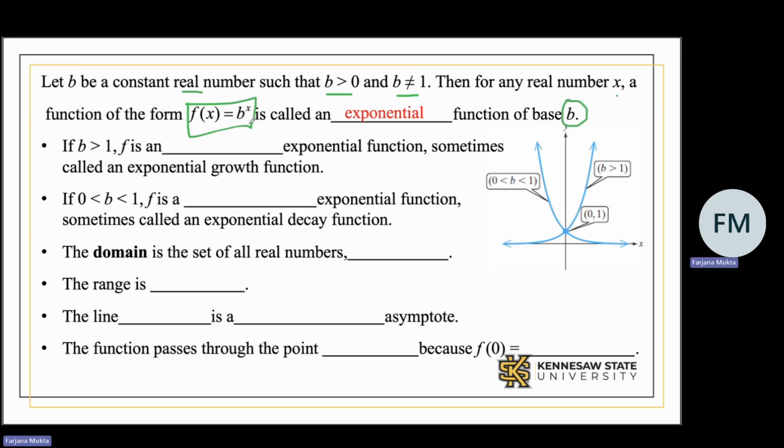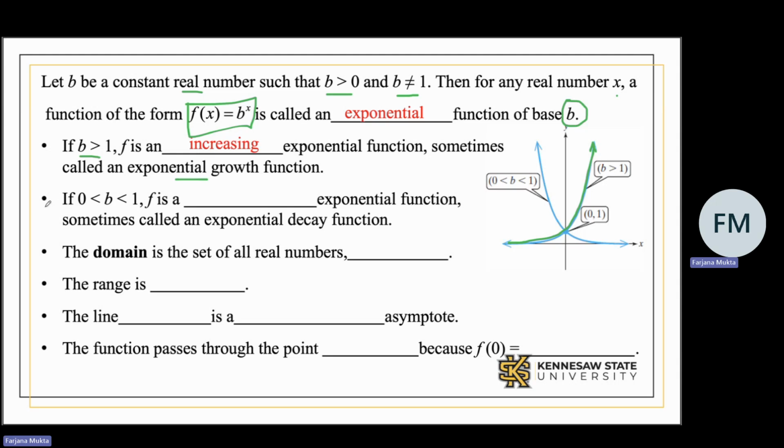Now, if the base b is greater than 1, then f is an increasing exponential function, or we can call it an exponential growth function as well. This one is the graph for b greater than 1.